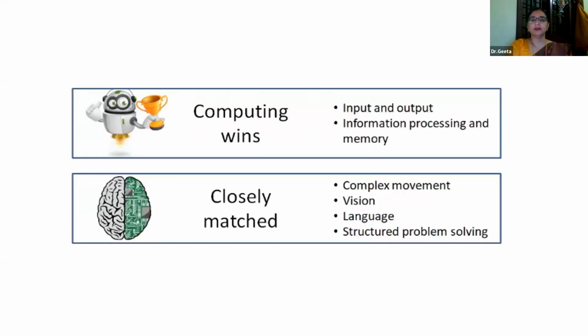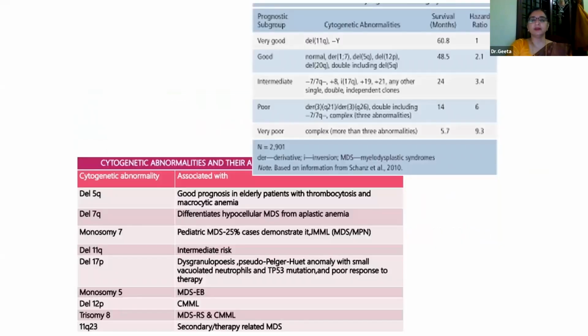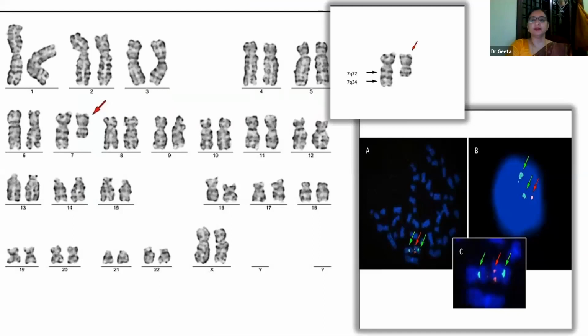So these are all the abnormalities commonly encountered in MDS. In our patient, she had this 7q abnormality and aberration patterns in the myelodysplastic syndrome whenever we suspect a myelodysplastic syndrome. So which is more helpful in the low grade ones also.